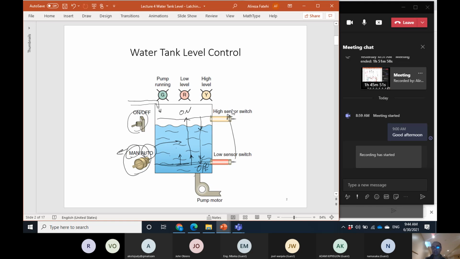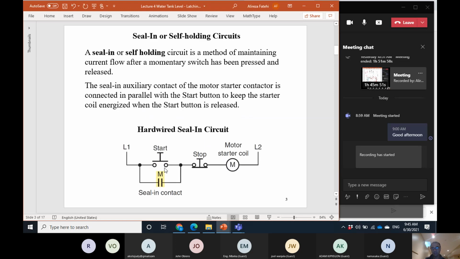to implement this scenario, the main scenario, the automatic scenario, in fact, we need to keep the command. Keeping the command can be implemented by, we know that we have already studied this start-to-stop, that we have a momentary push button. We have two push buttons that if we momentarily push this, the motor turns on and remains on even when we release that.